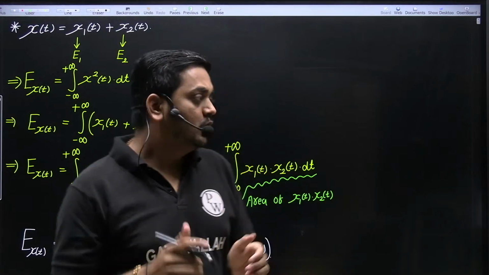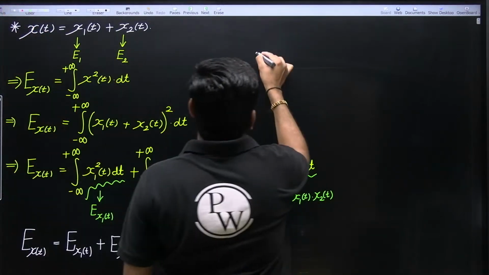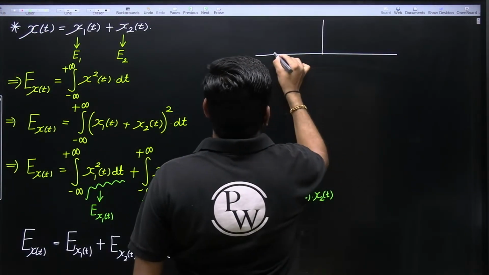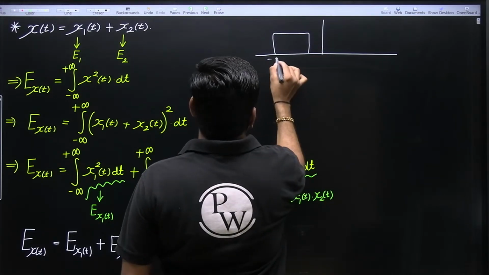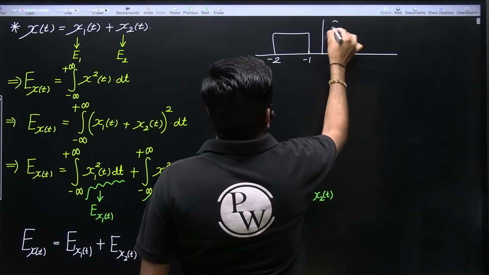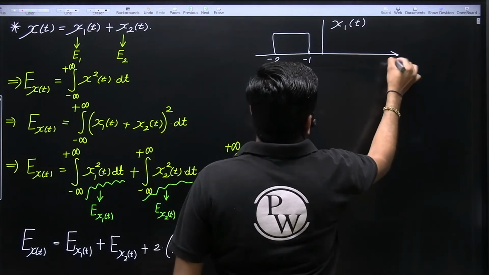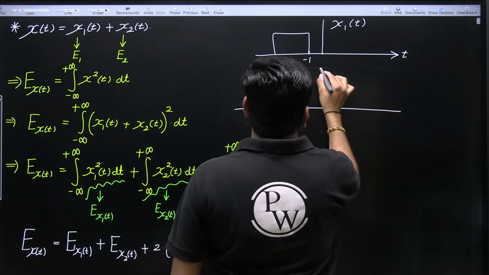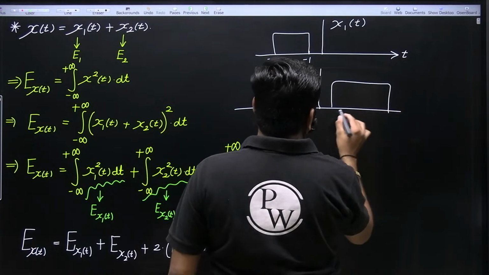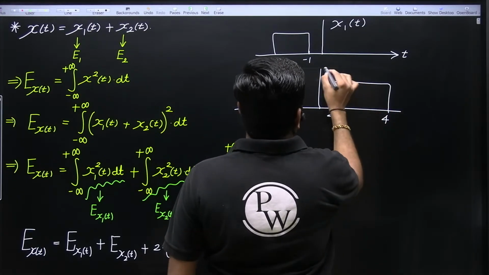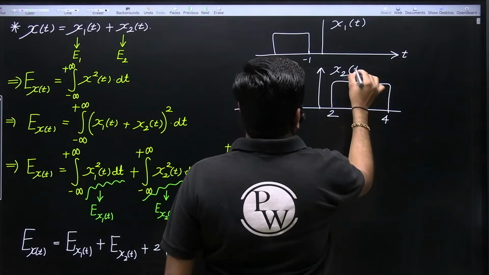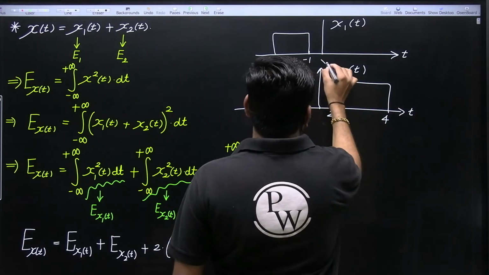x1 and x2. No common area means, suppose this is x1 random signal between -2 and -1. Suppose this is x1 of t. Okay, just an example. And one more signal, suppose this is x2 of t. Simple example. Now what will be the multiplication of this?